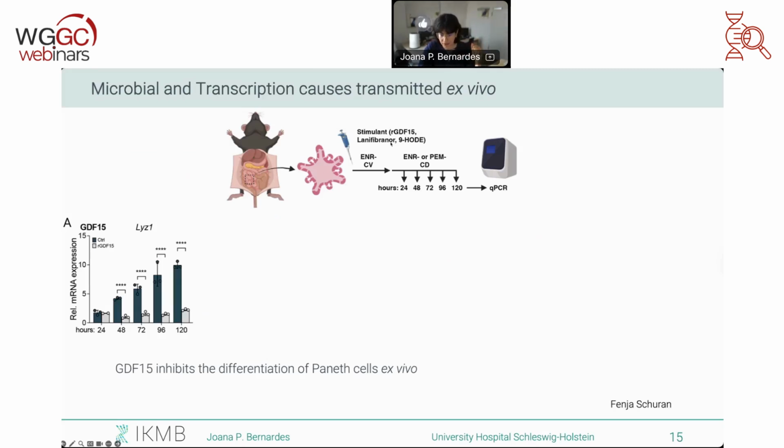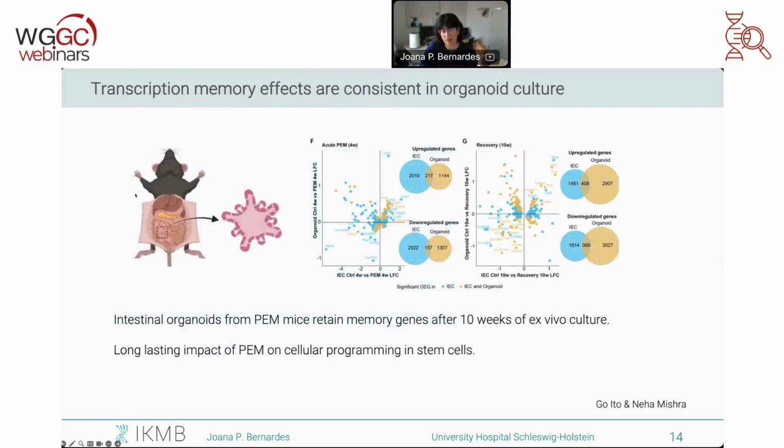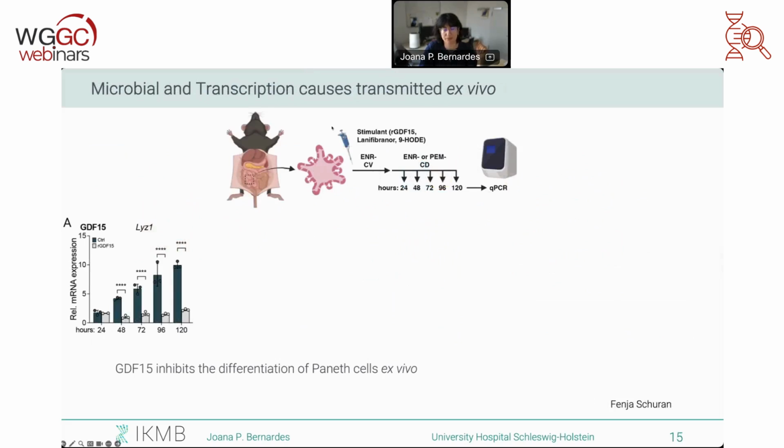We have lanifibranor, a PPAR agonist, so we work on this part without the effect of 9-HODE and 12,13-diHOME. And then we also have a 9-HODE molecule that we can use to induce our organoids.